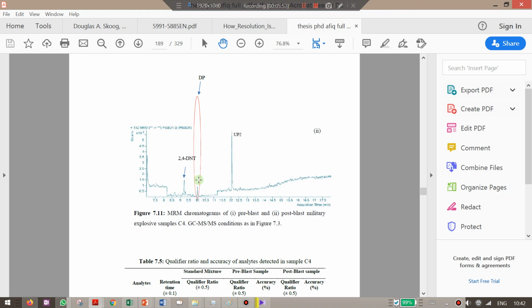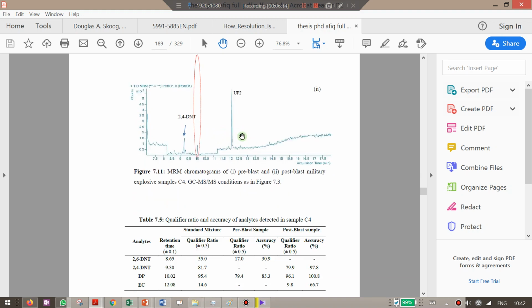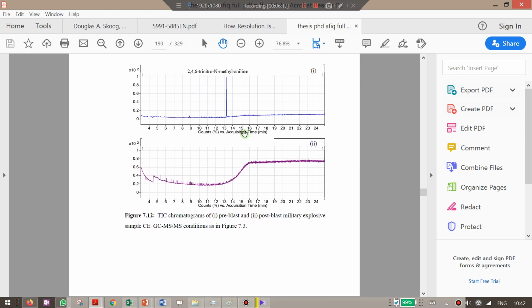They can also produce the same daughter ions, but of course the retention time will be different, because we already separated them via the chromatography, so they will be detected later on. So here is the existence of the unknown peak, which we call UP2. Okay, that is one of the good examples.